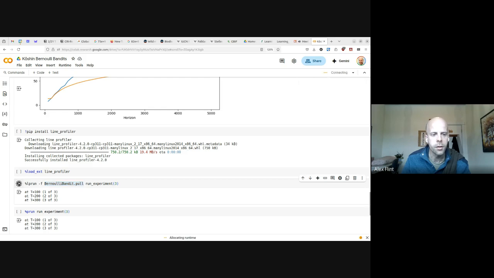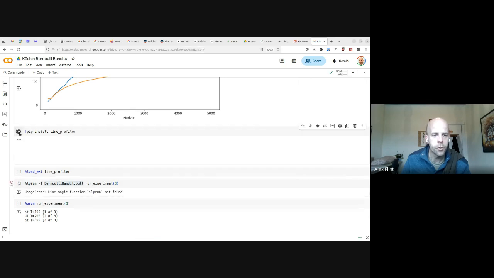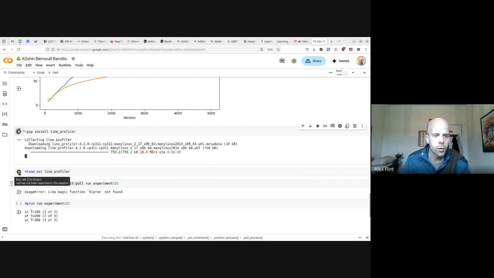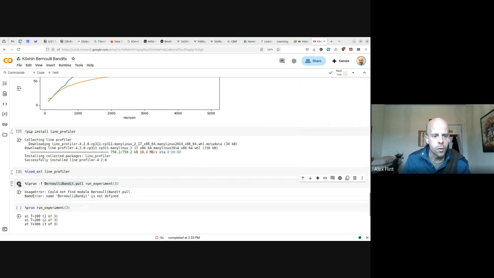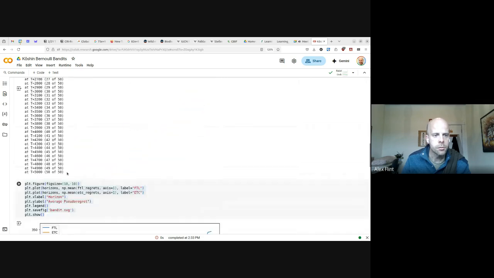So it's a very convenient way in a Colab to do some profiling. Install this thing. I should have run this. This is all IPython magic stuff with these % commands.